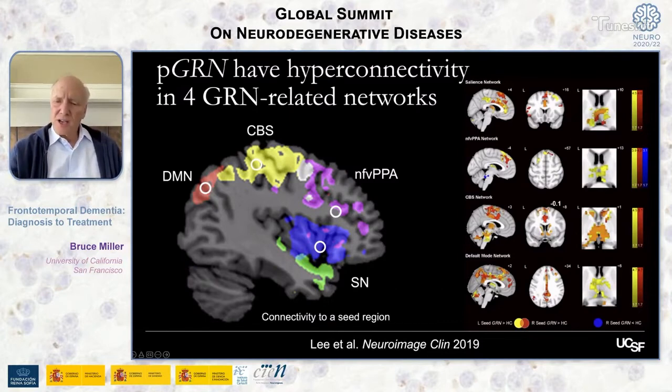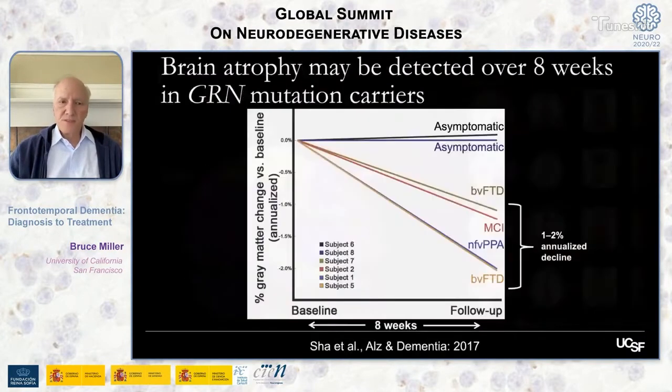So if you're going to get nonfluent progressive aphasia, you start to show left opercular prefrontal hyperconnectivity. As the disease progresses, you develop a clinical syndrome and you begin to show atrophy. What an exciting finding. The idea is that we might, when we start to see this hyperconnectivity, begin the appropriate intervention to prevent the progression to hypoconnectivity in a clinical syndrome.